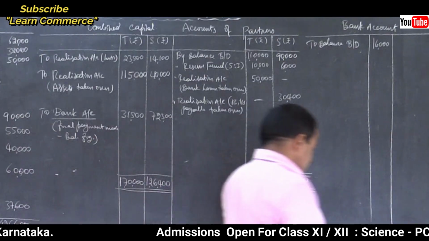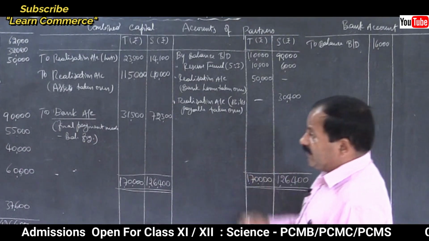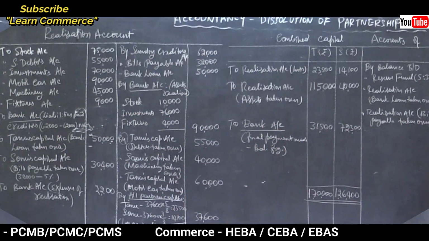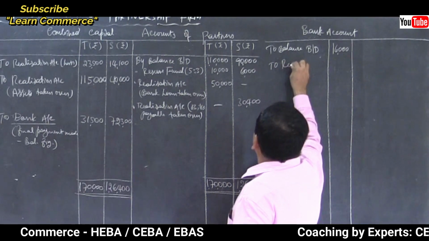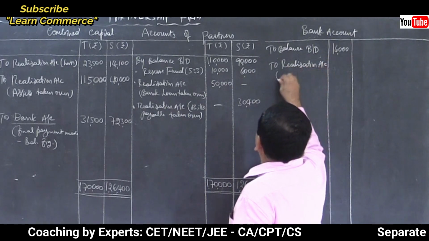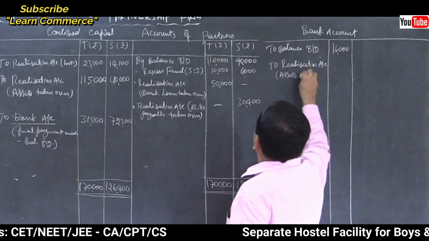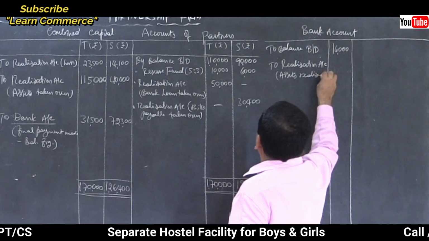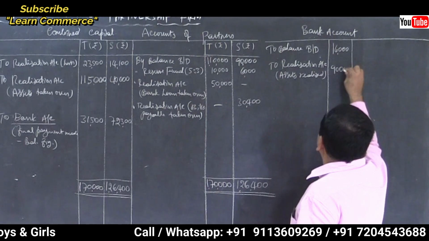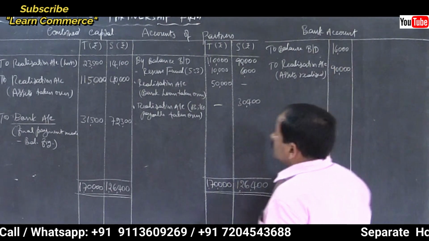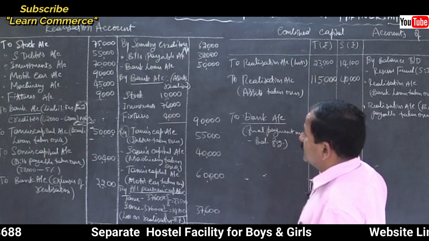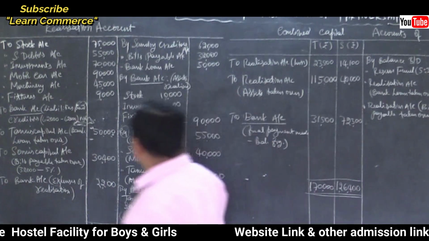Clear? Then refer to realization account, bank account debtor to realization account, assets realized. So pass the entry to realization account, assets realized. How much? 90,000. Then, what else? This side no entry.